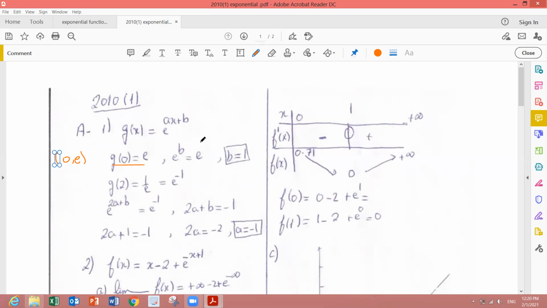It means that it is e to the 1. So removing e with e, we get b equals 1. Any questions about the calculations of b? No. Okay.